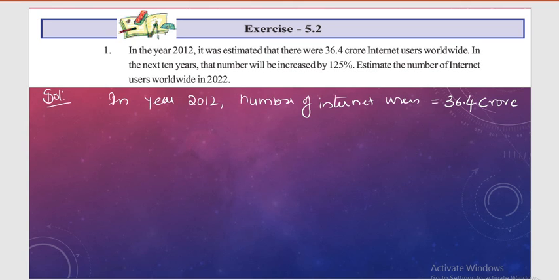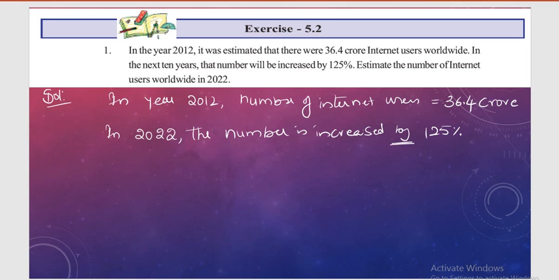Now what is he saying? In the next 10 years the number will be increased by 125%. So in 2022 the number is increased by 125%.